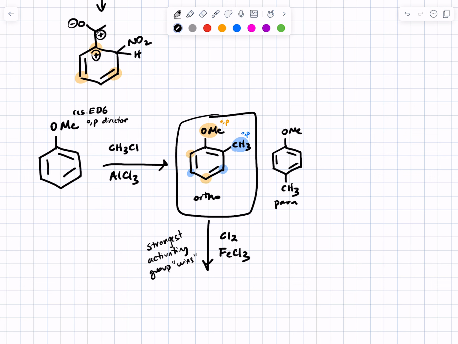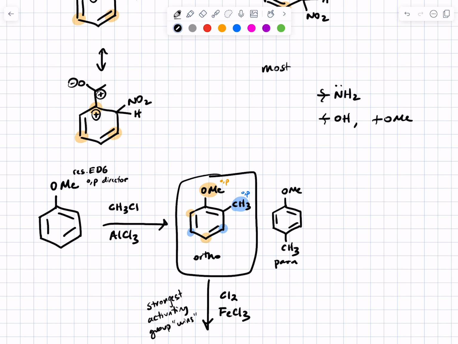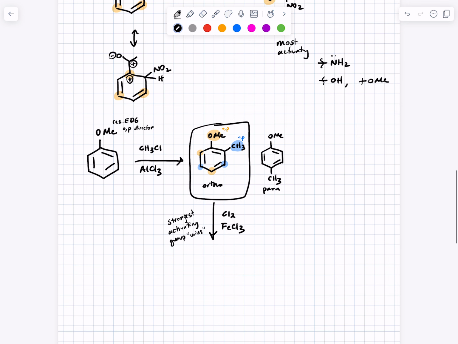It basically ranks the donating groups in order of how good they are at donating. In that list you have things like nitrogen as better than OH or methoxy. You've got most activating here. Least activating would be things like nitro.